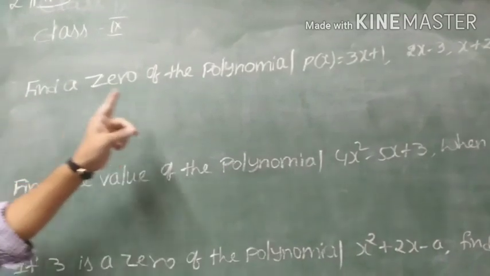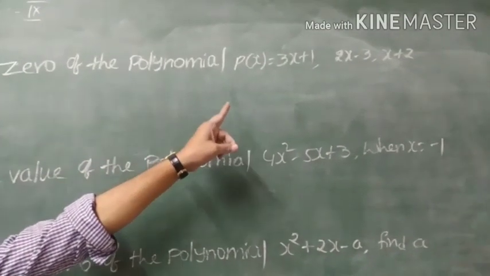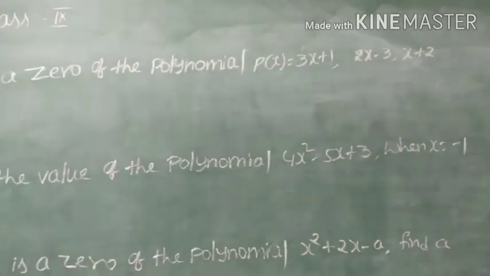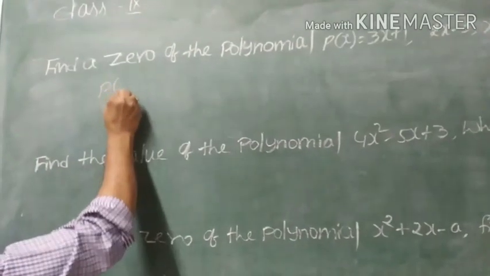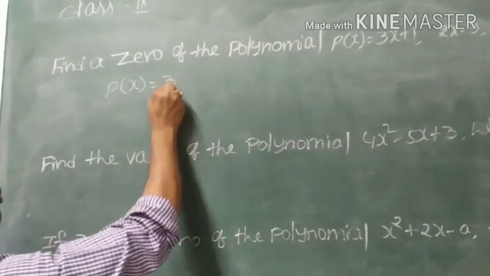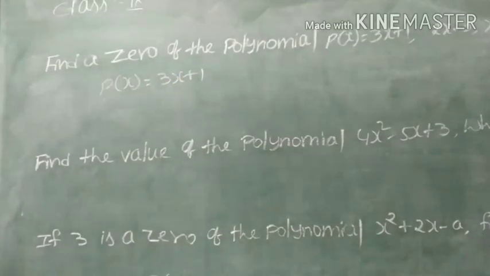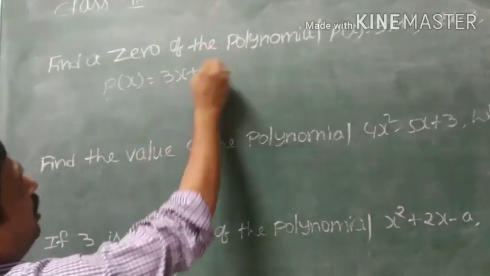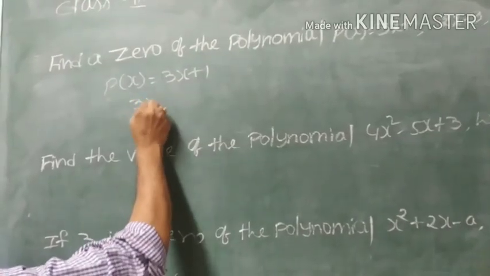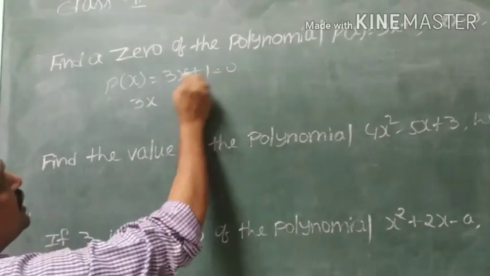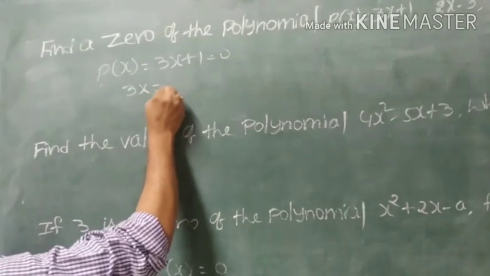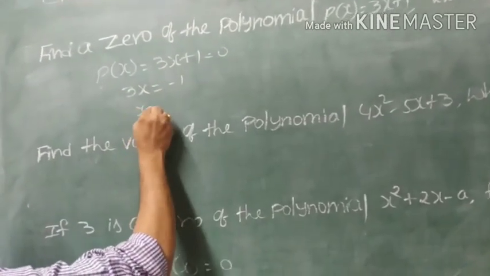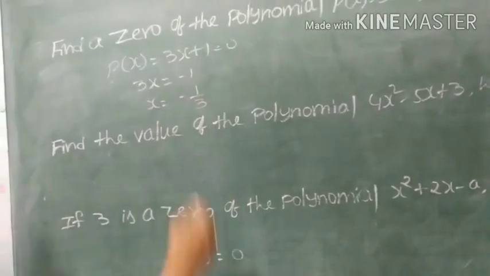Now find a zero of the polynomial p of x equal to 3x plus 1. Now p of x is equal to 3x plus 1. Now zero of the polynomial means 3x plus 1 is equal to 0. This plus 1 on that side becomes minus 1. x equal to minus 1 by 3.